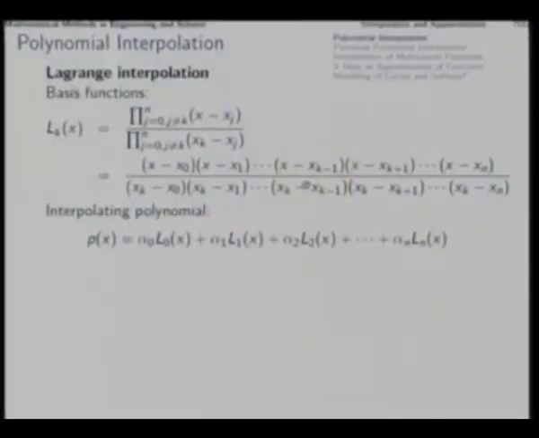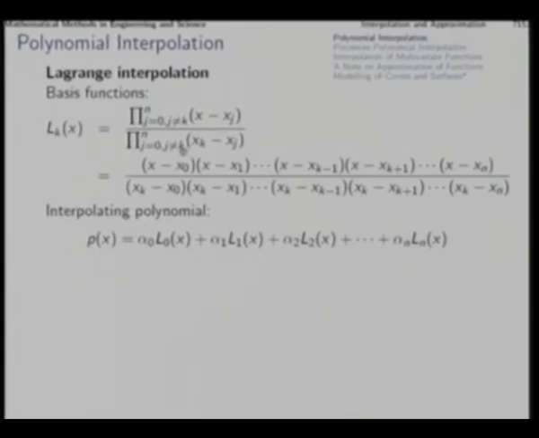Examine carefully. In this expression, we have in the denominator the product of xk minus xj, j running from 0 to n, except j equal to k, of course, because for j equal to k this will become 0. So, that term we do not have, all other terms we have. Now, in the numerator, in place of xk we have x. So, the denominator is a constant number.